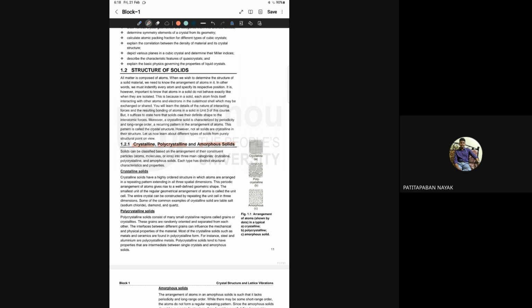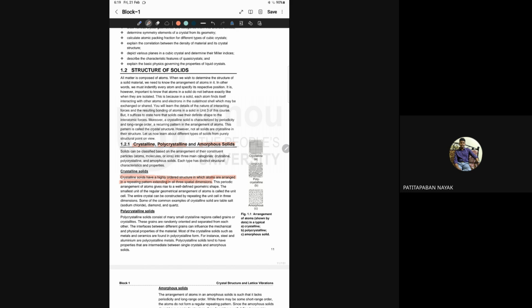So what exactly differentiates is the order of the structure within the material. Because let's say there could be sugar powder, there could be sugar crystals, there could be salt powder, there could be salt crystals. So it is the solid form which is different, and that form is basically defined by the ordering in the crystal. So crystalline solids have highly ordered structures in which atoms are arranged in a repeating manner, extending in all three spatial directions.